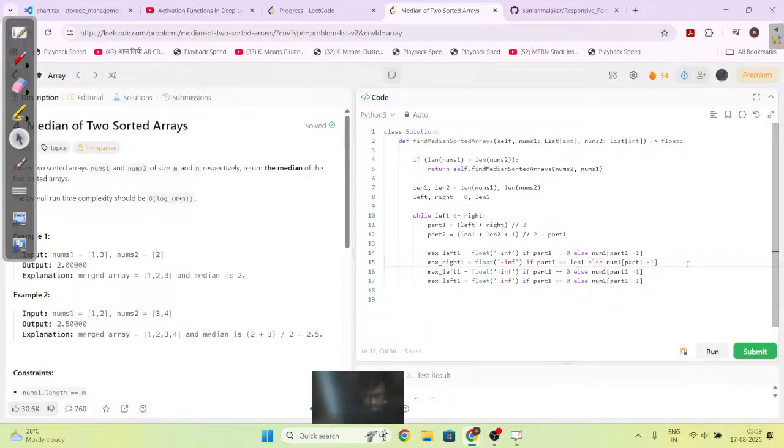Like now from part 1, part 1 left 2, so if part 2 is equal to 0 then 0, else nums 2 is part 2 minus 1, right?